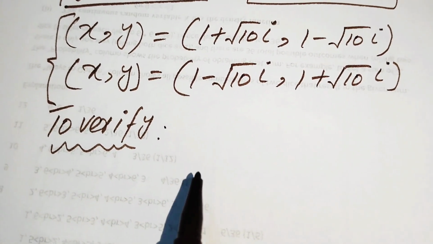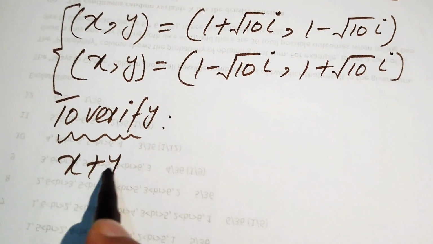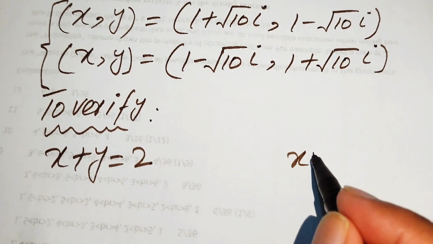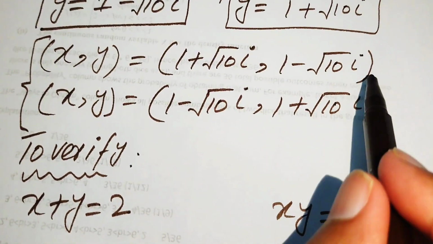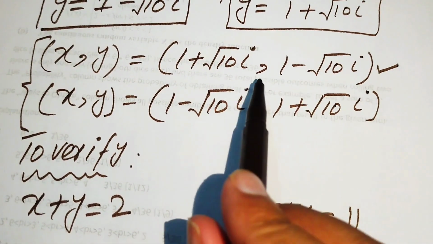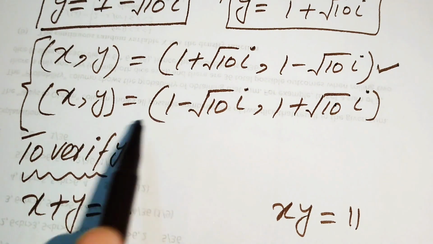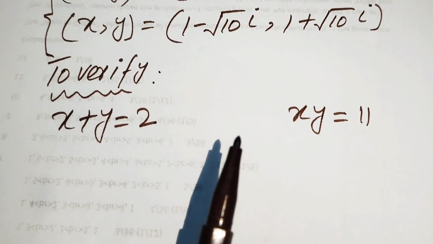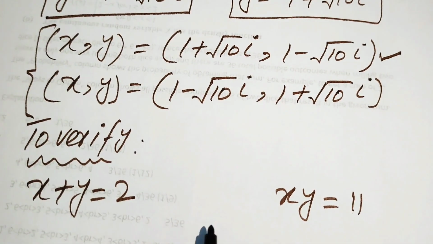Okay, so to verify these solutions, first we copy down the given equations, and the first equation is x plus y equals to 2 and the second equation is xy equals to 11. And now I can just verify the first solution and I will leave the second solution up to you. You can do the second solution yourself. Okay, so now first we substitute these values of x and y in both of these equations.